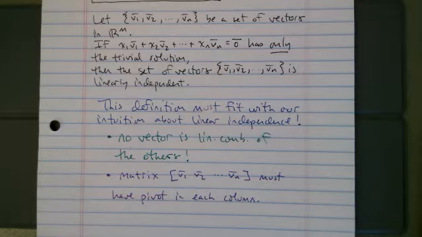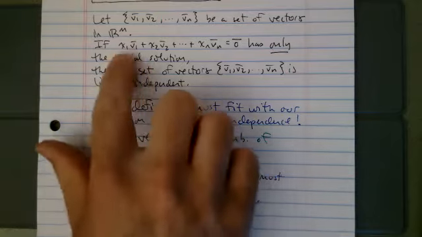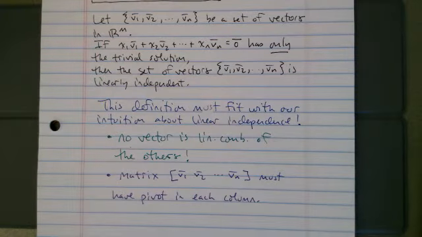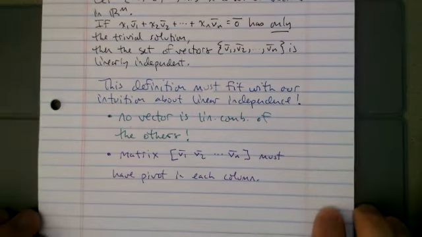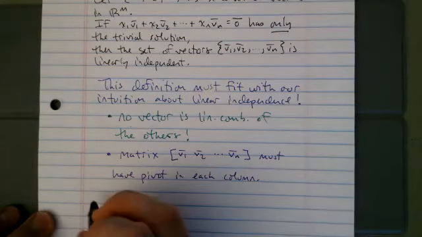Since the equation itself is homogeneous, it is definitely consistent. A homogeneous equation is always consistent, because if I just make zeros for all the coefficients, I'll definitely get 0. This definition says that's the only way to get 0.